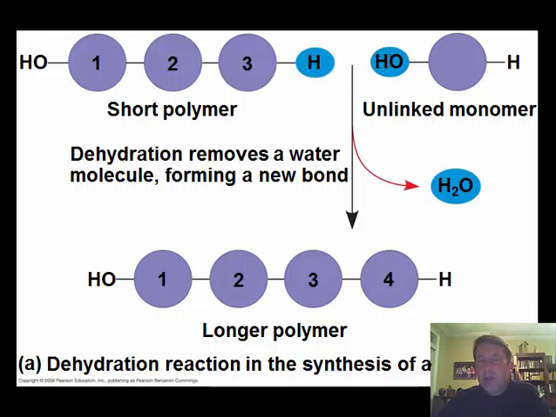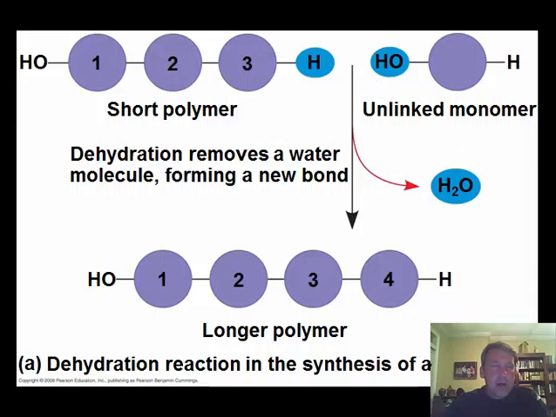When this separates from the two molecules, it then bonds this monomer to that polymer. Then the water is free. And so we have a new bond that has formed, and now we have four monomers in our polymer. It has increased in length. So that's a dehydration reaction in the synthesis of a polymer.